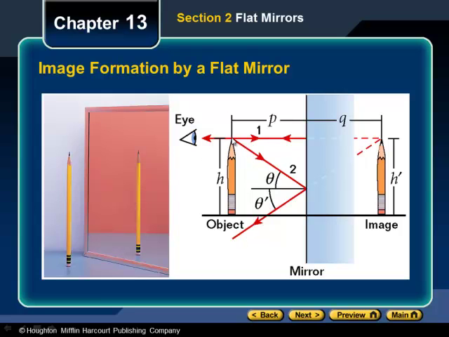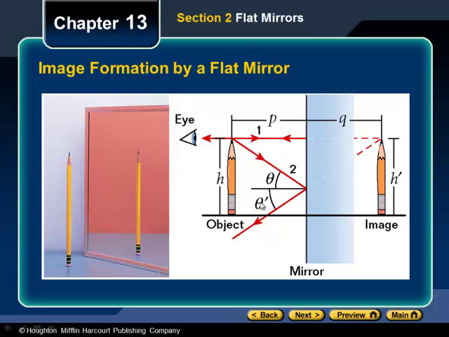A ray of light from this point of the pencil hits the mirror and comes back this way, and so your eye expects to see that image in a straight line back here. If you were looking from down here, the ray of light would strike the mirror and reflect according to the law of reflection.